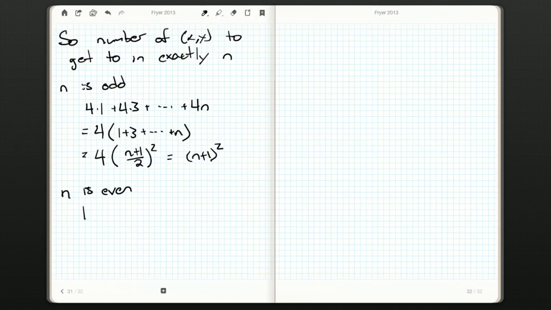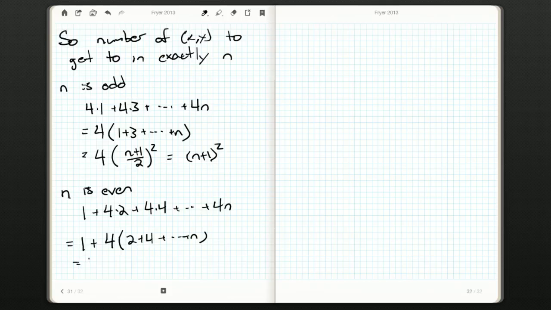Well, we'd have 1 for the 0, plus 4 times 2, plus 4 times 4, all the way up to 4 times n. Okay, well that's 1 plus 4 times 2 times 1 plus 2 plus all the way up to n divided by 2.